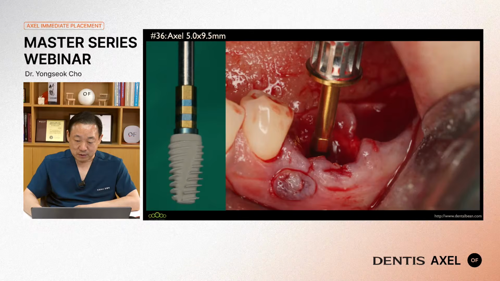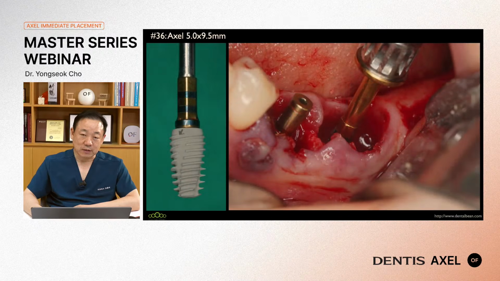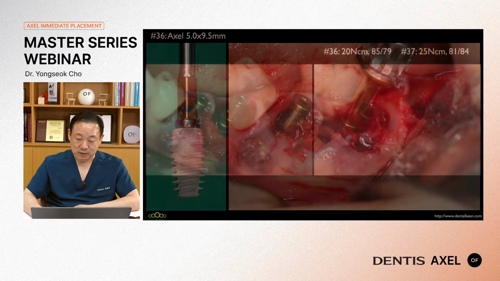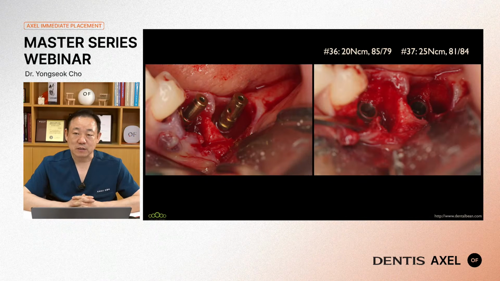And then the second hole was prepped. Because of the bone density, I tried more drilling at that site. Another implant was placed. Every implant looks to have nice stability.